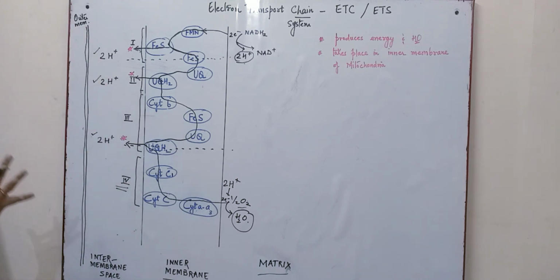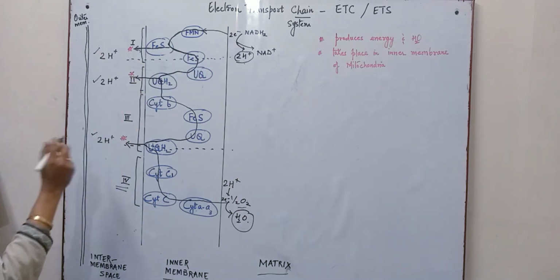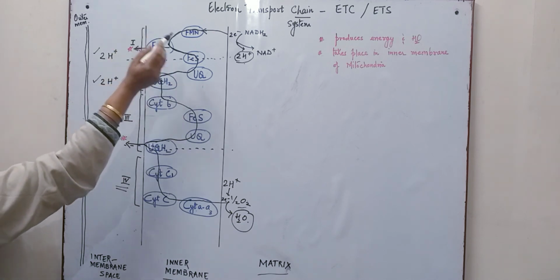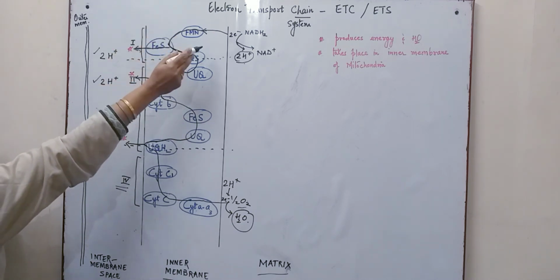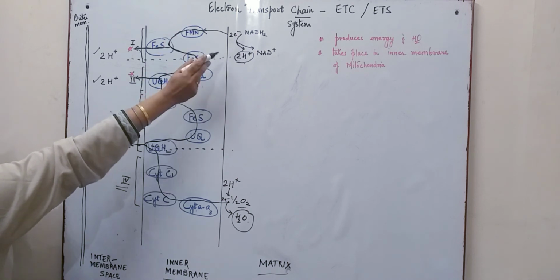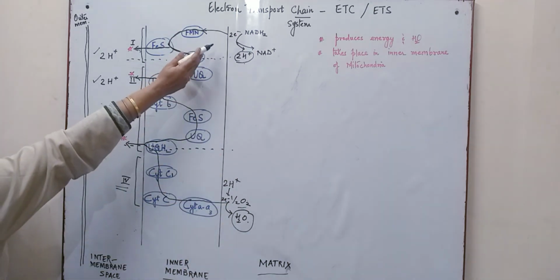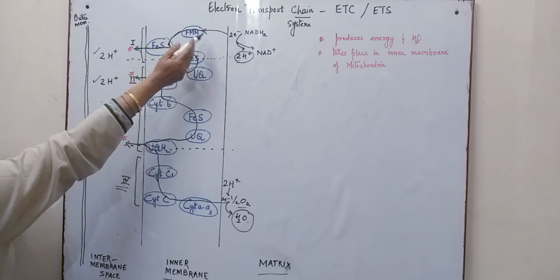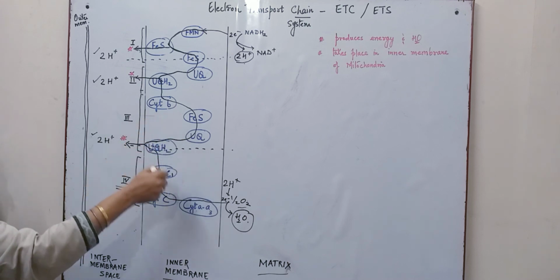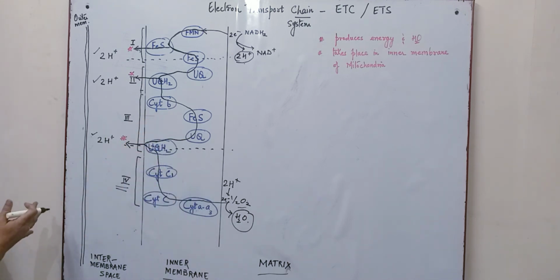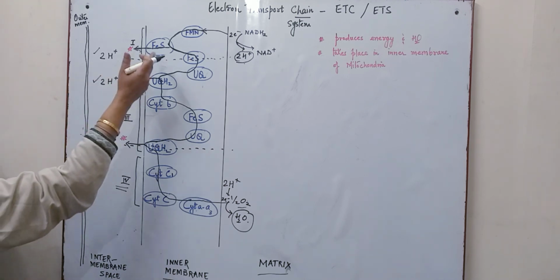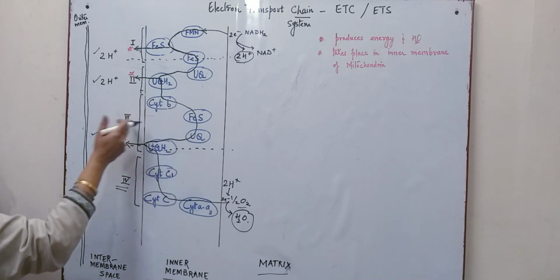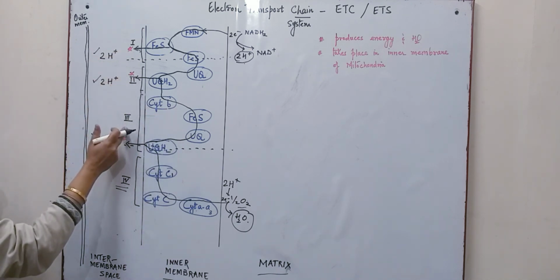If we see, in short, one molecule of NADH2 releases 2 electrons. These 2 electrons, which are released into the matrix, enter the inner membrane, and the first acceptor is FMN. As it passes through the series of electron carriers through the gradient, there is a decrease in the energy of the electrons, but at the same time, it releases energy at 3 levels: complex 1, complex 2, and complex 3.